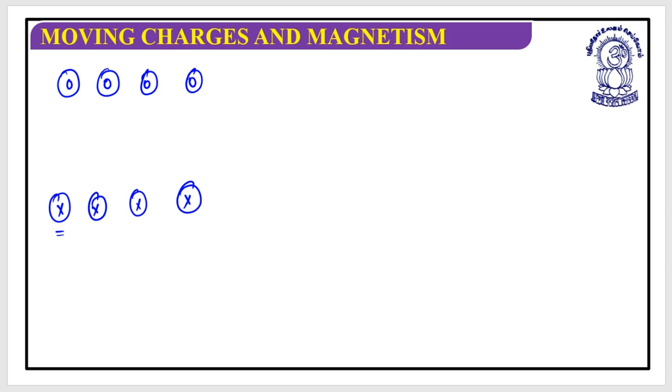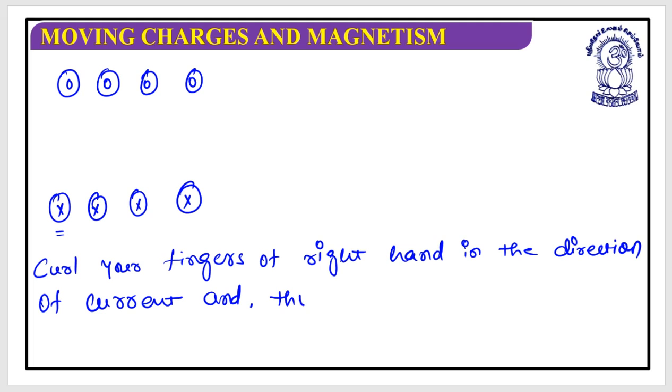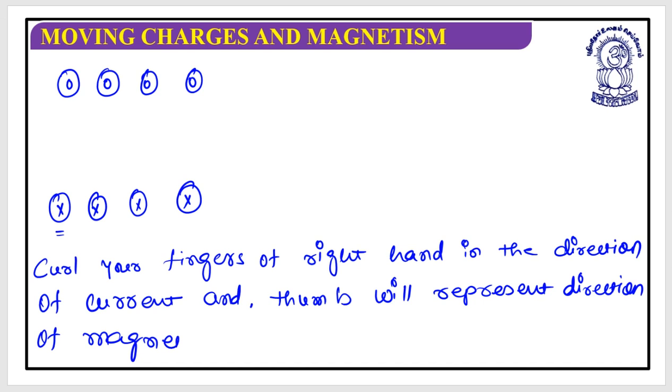So use your right hand, and curl your fingers of the right hand in the direction of current, and your thumb will represent the direction of the magnetic field.